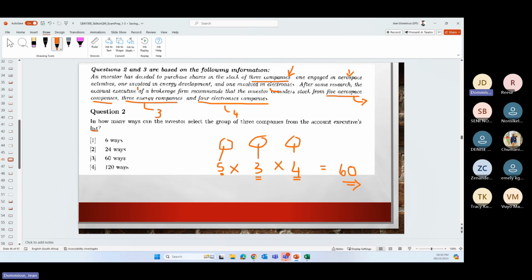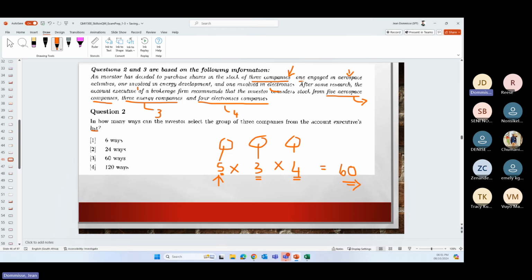For the first pick, there's only 5, so you can pick 1 out of the 5. Then for your second pick, you have 1 out of 3. So it's not that for the first one you have all 12 available, then for the second one, because you picked 1, you have 11 available, and then for the third one, you only have 10 available. So it's not like that.